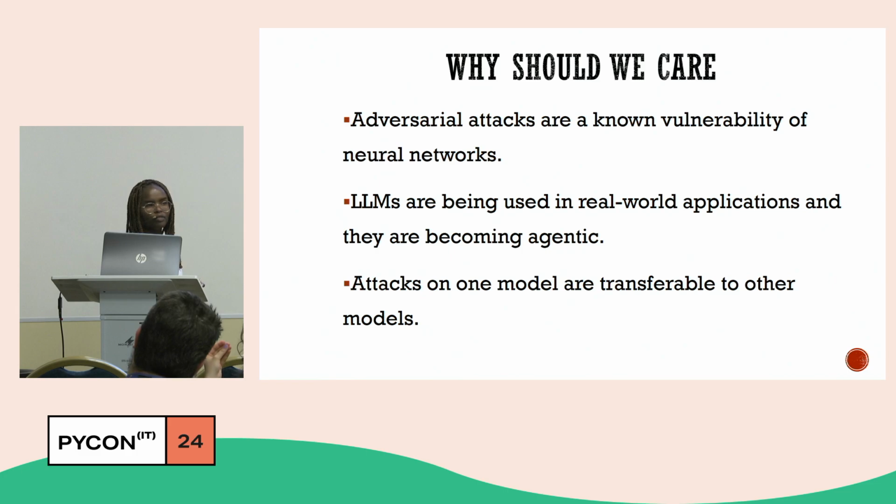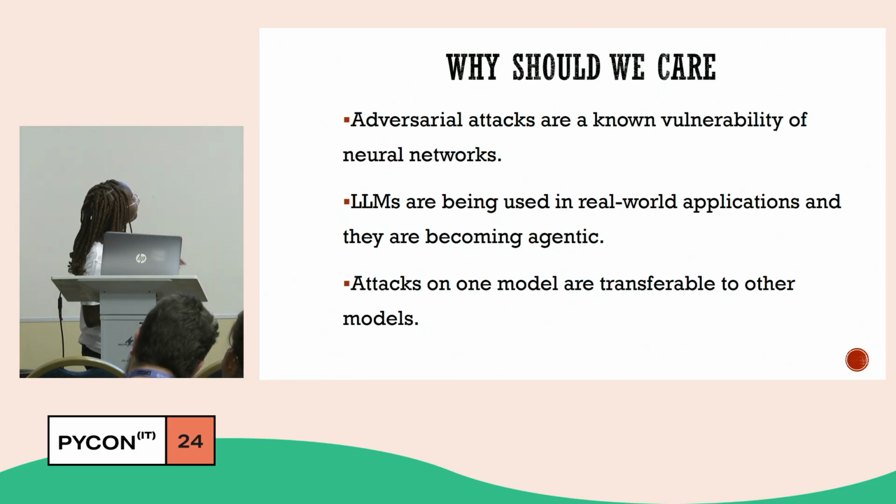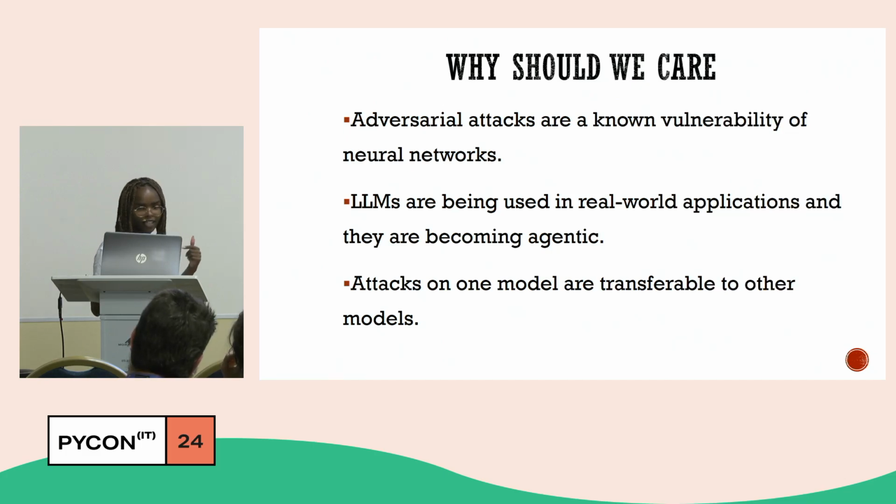This has been known since around 2010. Researchers have been trying to figure out different attacks, and with attacks, people come up with defenses, and then people penetrate the defenses. It's more of an arms race between attacking and defending. But it's good to know that this is a vulnerability neural networks have, and LLMs are susceptible to it too.